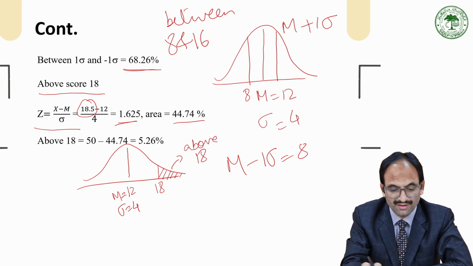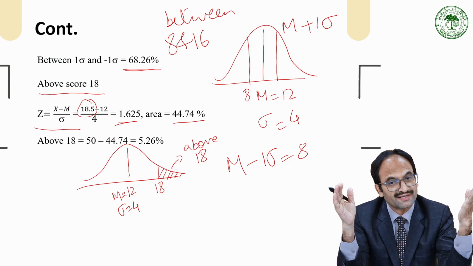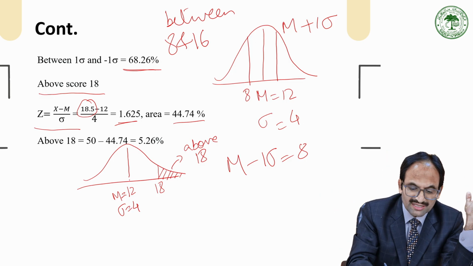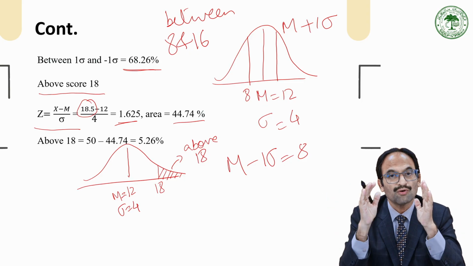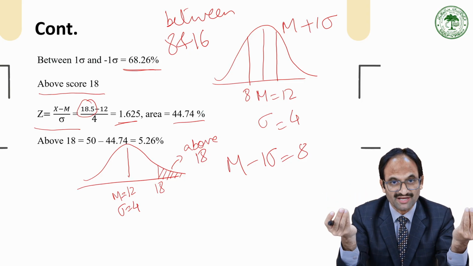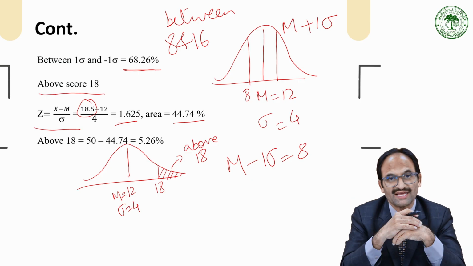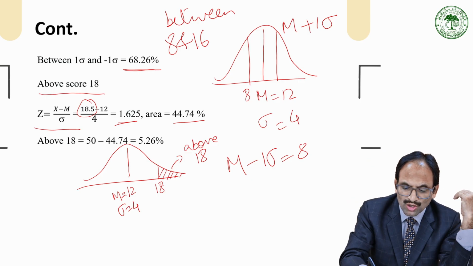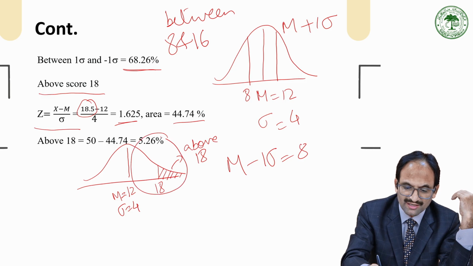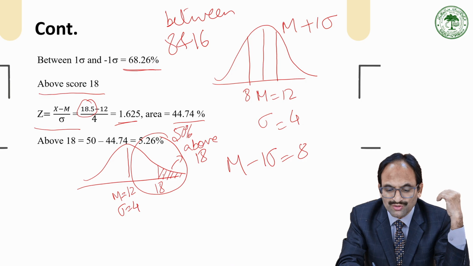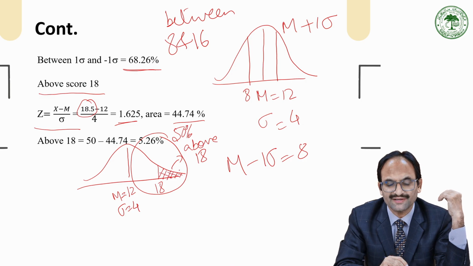Now, it is a characteristic of the curve that the mean line divides the whole curve into two equal parts. That is, one part will have the area 50%, another part will have the area 50%. So this whole area is 50%. But you are required to find the shaded area.